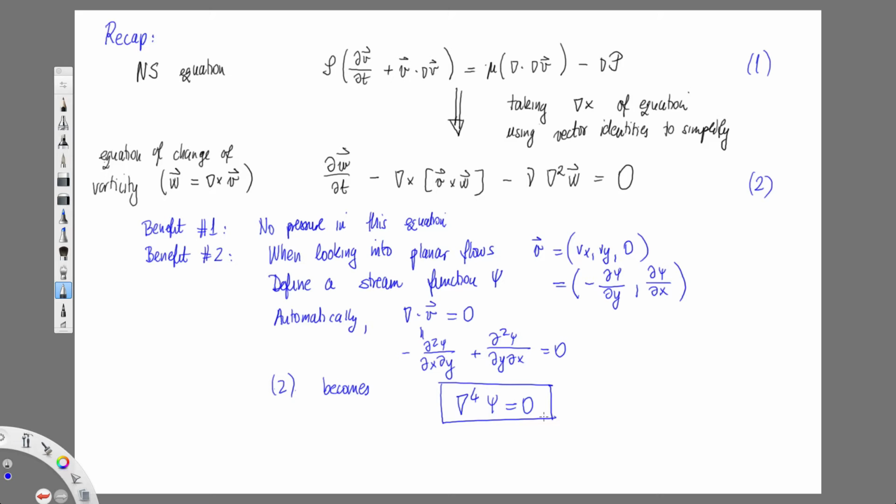So this is a scalar equation. That's the benefit. We don't have a vector equation anymore.